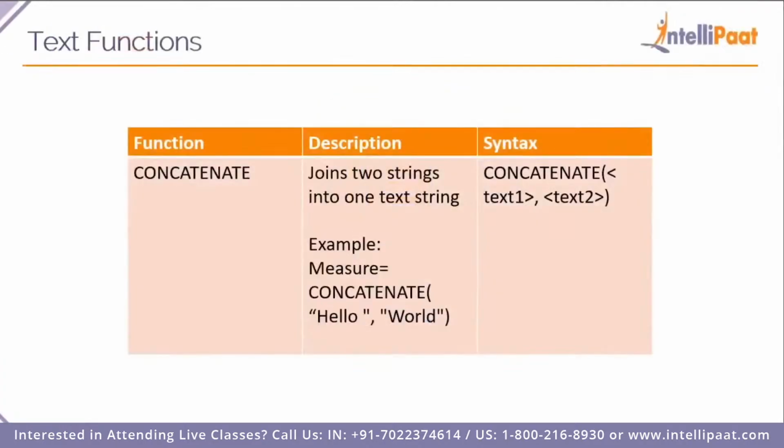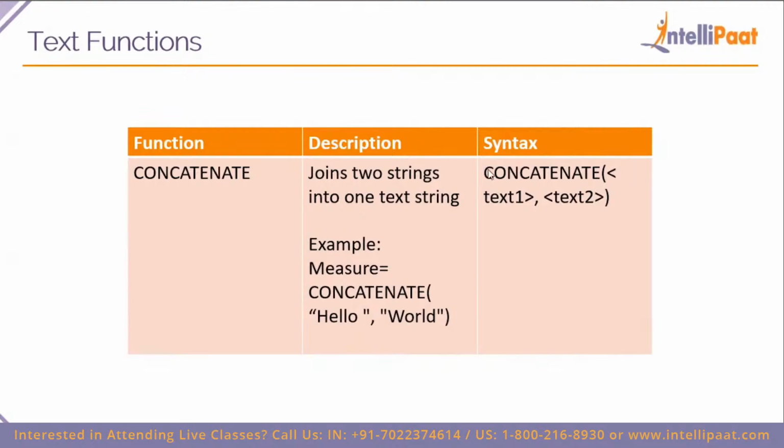The first text function we are going to see is the CONCATENATE function. This function basically combines two strings into one string. This mainly helps in creating a column like full name, concatenating the first name and the last name. That would be a great example for the CONCATENATE function.